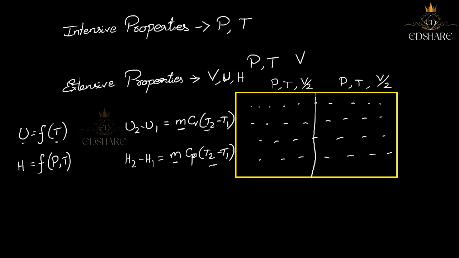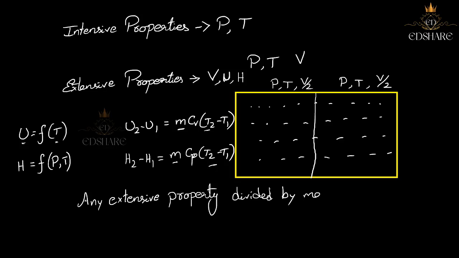Try to understand this very important thing: volume, internal energy and enthalpy are extensive properties, whereas pressure and temperature are intensive properties. Any extensive property divided by mass will give an intensive property.